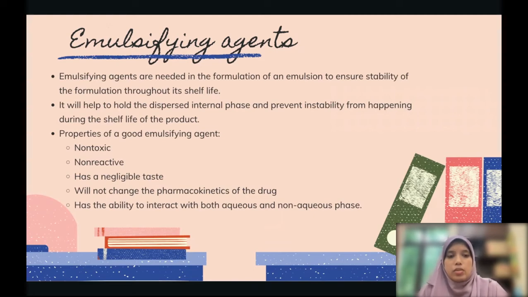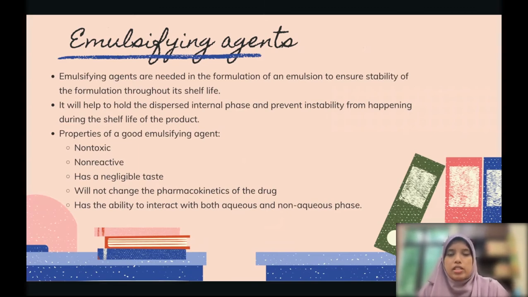It has a negligible taste because we don't want the agent to disturb the taste that is present in the emulsion. It will not change the pharmacokinetics of the drug. It means that the agent will not influence the absorption of the drug from the intestinal tract. It will not change or induce the metabolism of the drug.